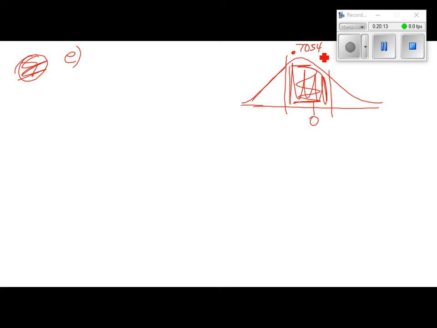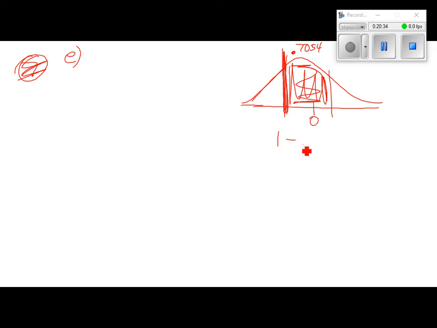What do we know about these two Z-scores, first of all? They're the same, just opposites of each other. So if they're going to be the same and just the opposites, we probably just want to find this one and do the positive, right? So how could I find that Z-score?